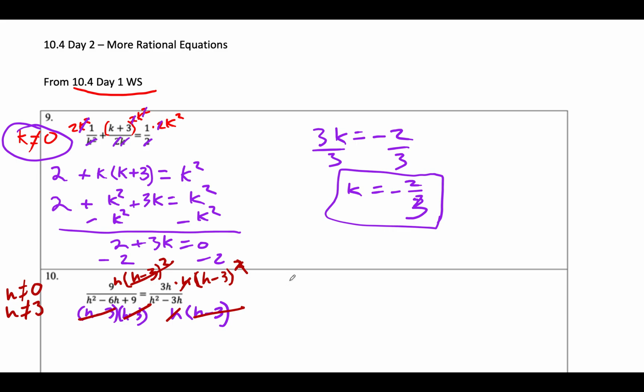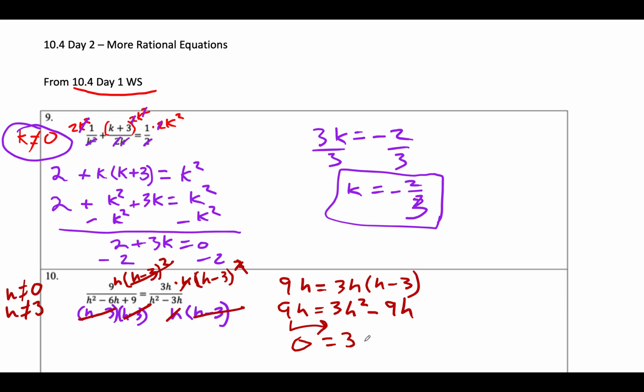So I'm left with a 9h on this side. And on this side, I'm left with 3h times h minus 3. And I get 9h equals 3h squared minus 9h. And as I bring maybe this 9h over this direction, I get 0 equals 3h squared minus 18h.